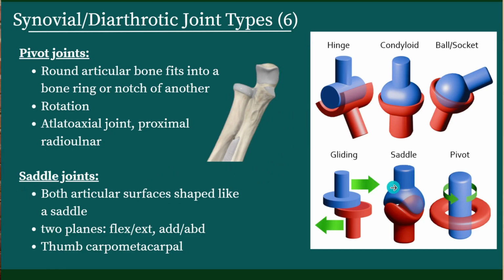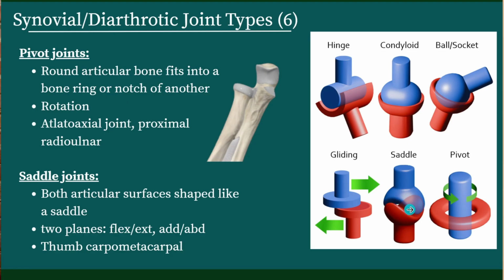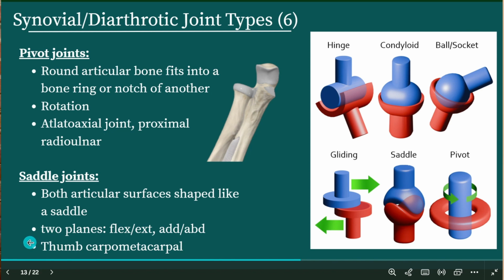Saddle joints are two saddle-shaped bones that fit into each other. And so they can do two planes very well. So flexion and extension, adduction and abduction. So the thumb, carpal metacarpal.